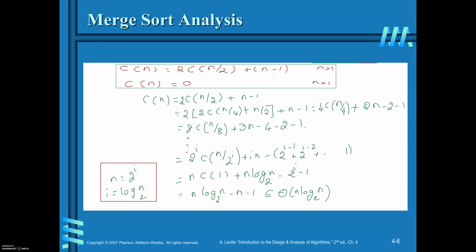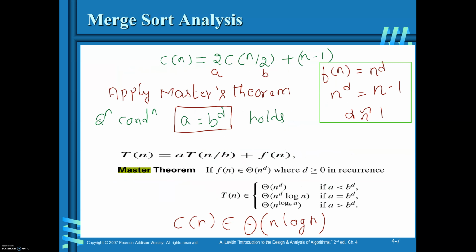The same problem can be solved, or you can say to which efficiency class the algorithm belongs can be found, by applying Master's theorem. So here A value is equal to 2 and B equal to 2, and f(n) is equal to n minus 1. This is equal to n power d. So d is equal to 1 here, approximately equal to 1.